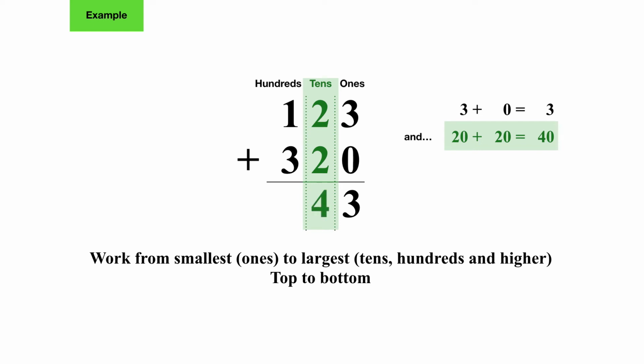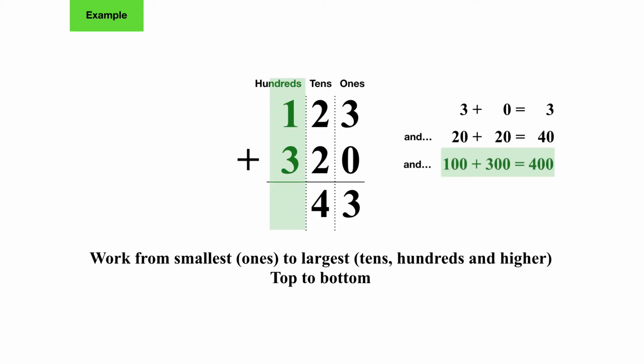And we're going to add our hundreds. So now we're going to say 1 hundred plus 3 hundreds equals 4 hundreds, or 100 plus 300 equals 400. And we write our 4 at the hundreds. So the answer then will be 443.